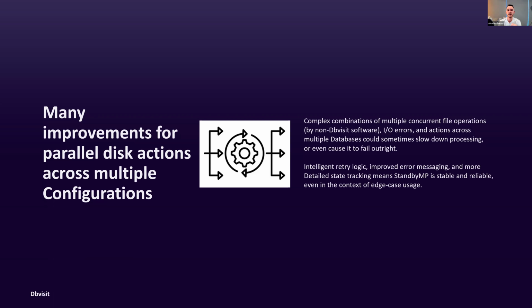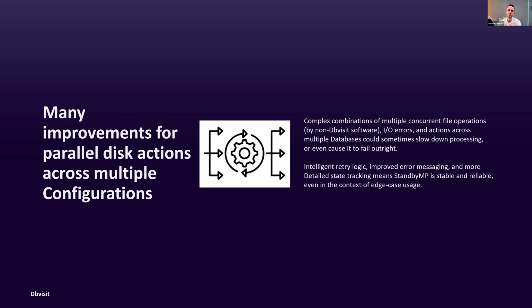Retry logic in cases where the failure's apparently unavoidable, we've gone through and we've really improved our error messaging for being incredibly detailed as to exactly which file system level operation failed, just to give our expert support team and your system administration team the maximum possible information to go on for resolving the problem.